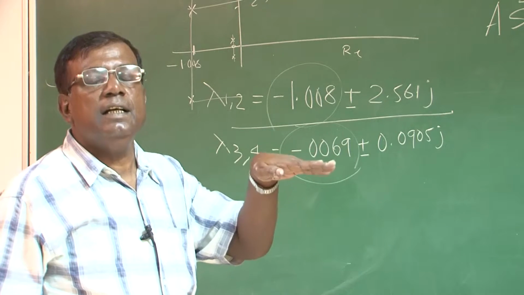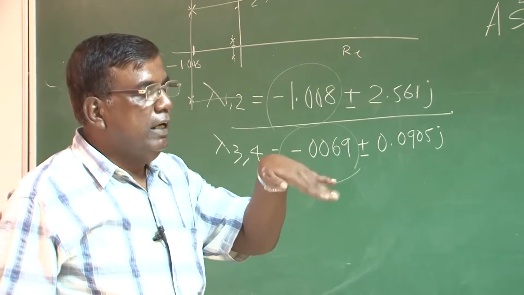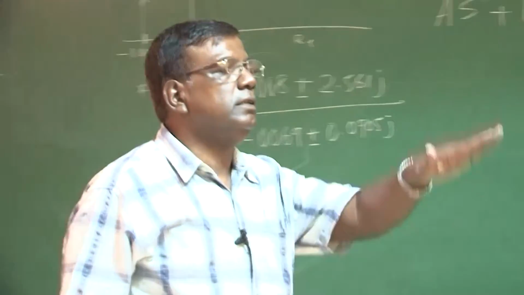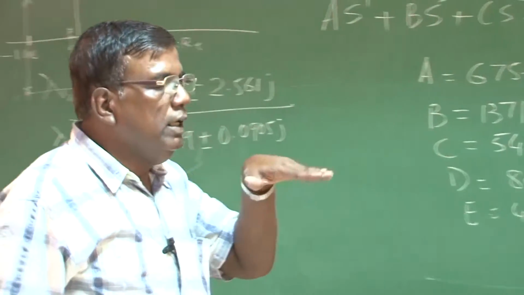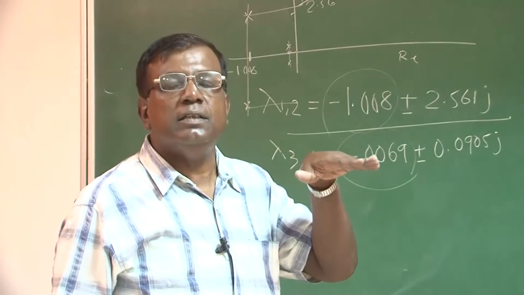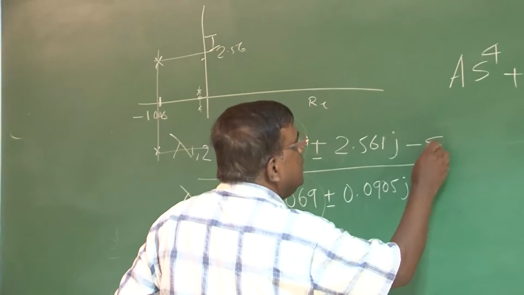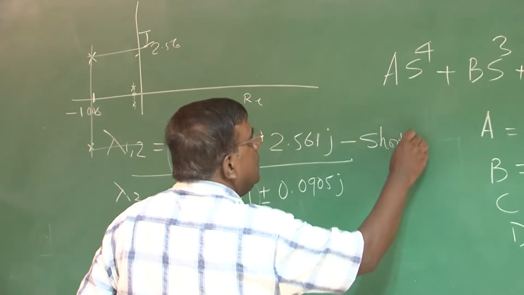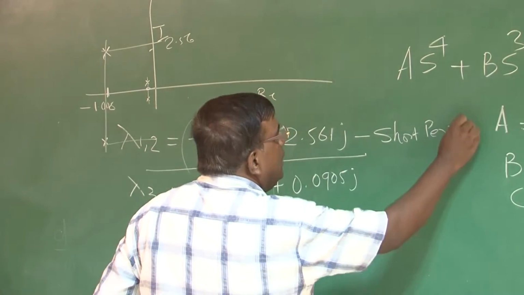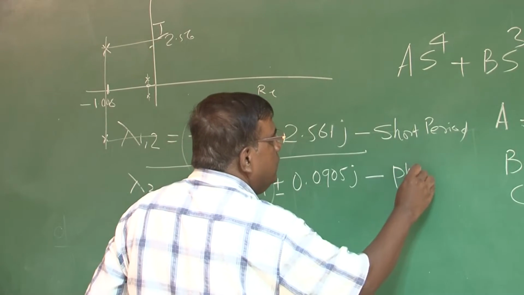Okay, there is a change in the speed. So, that is short period, and that is phugoid like this, right. For short period, the real root has to be relatively large, negative. So, this belongs to short period, and this belongs to phugoid.